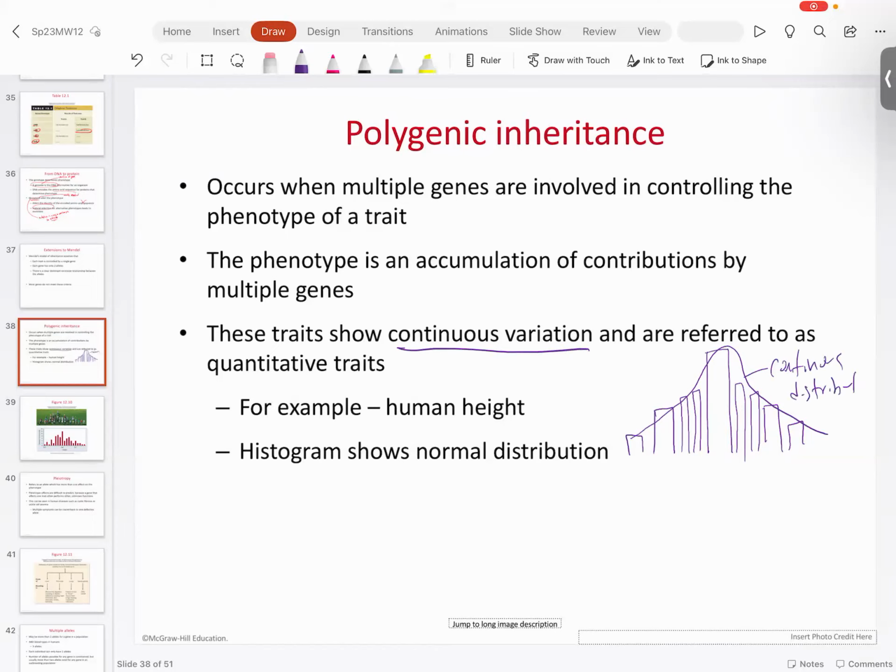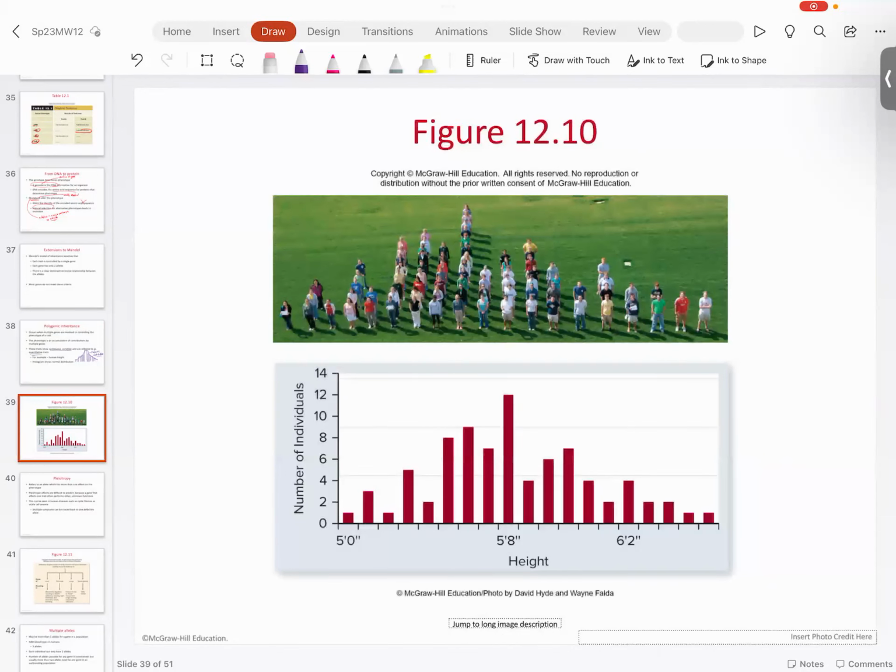So this is the reason why polygenic traits are oftentimes referred to as continuous traits, or sometimes quantitative traits as well. And typically this kind of bell curve shape is a dead giveaway for a system where there are multiple genes involved, not just one. A good example is height, right?